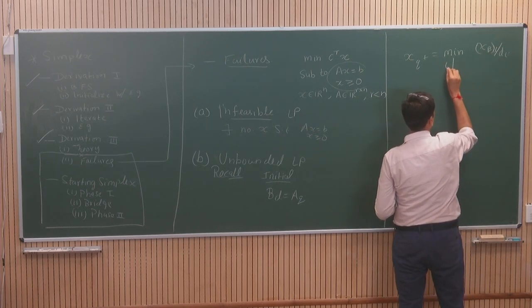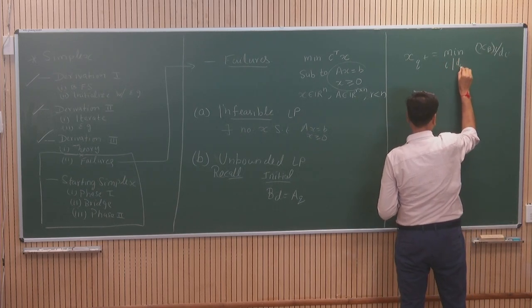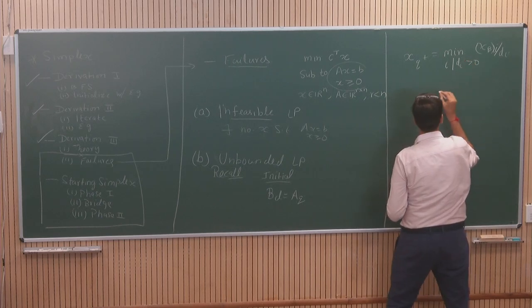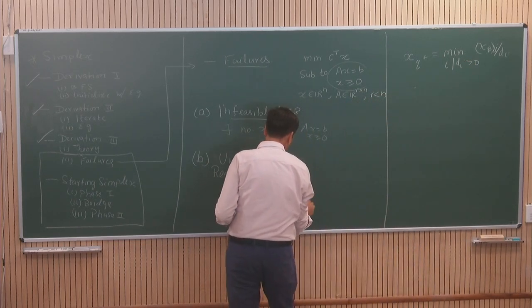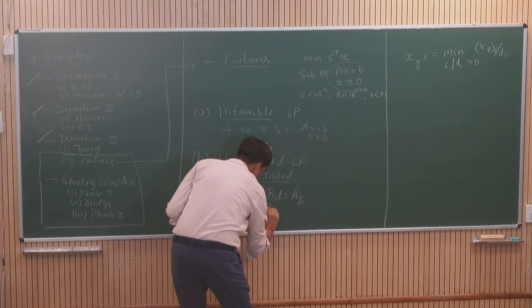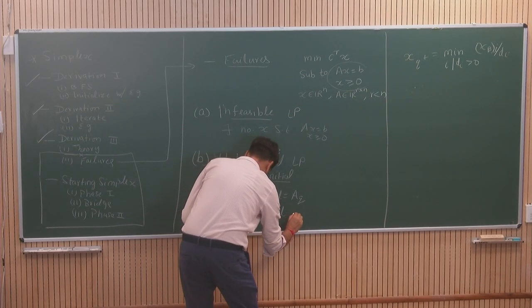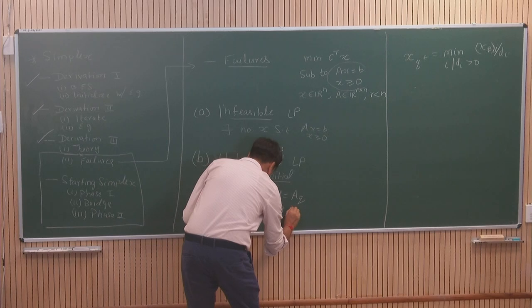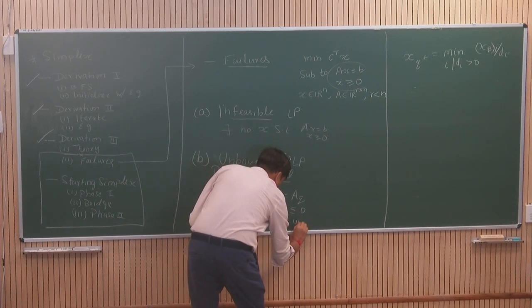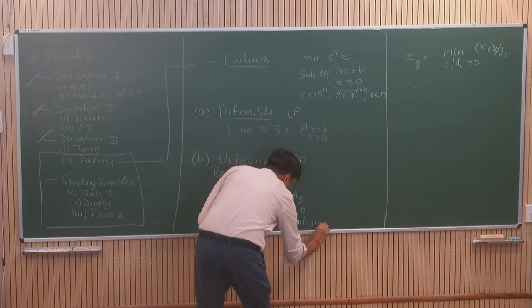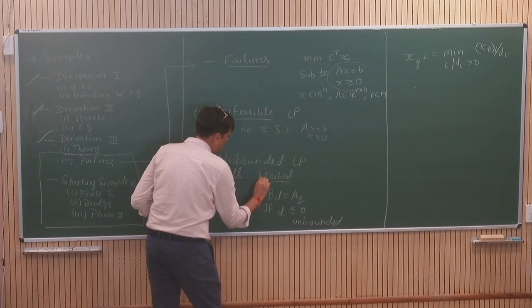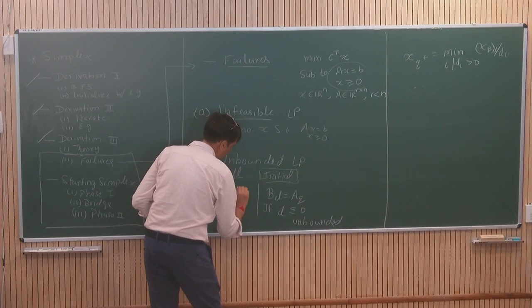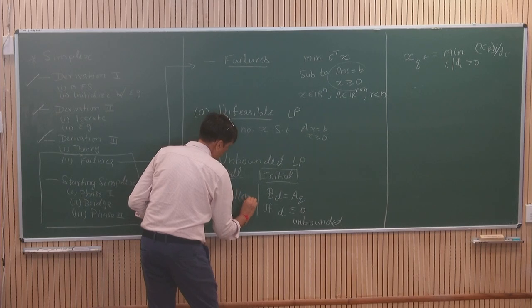Pick that i index and call that p, and your di should be greater than 0. And then we had added a step that if all d are less than or equal to 0, then we had said the problem is unbounded. So this was the initial part, and then this was the iteration which you were doing.